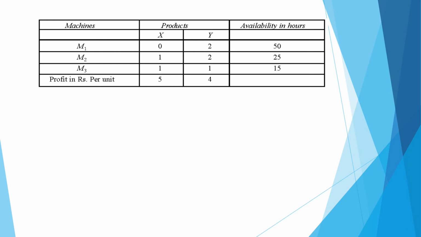The last row represents the profit obtained by selling product X and product Y. So now first I need to find the objective function, then we will find the structural constraints, and the non-negativity condition of X and Y goes without saying.